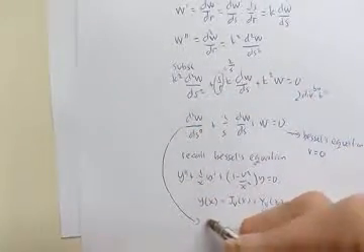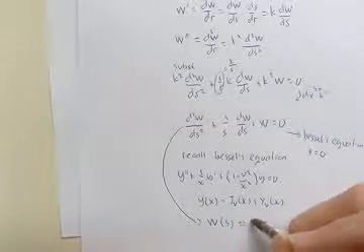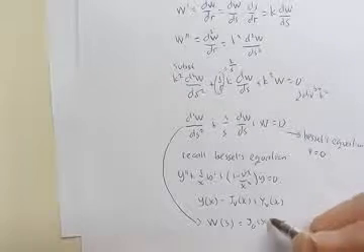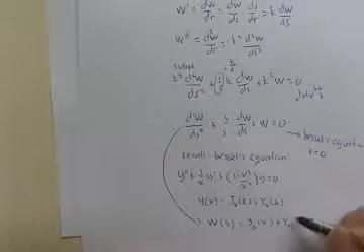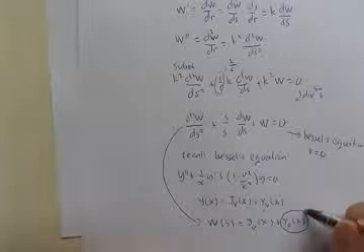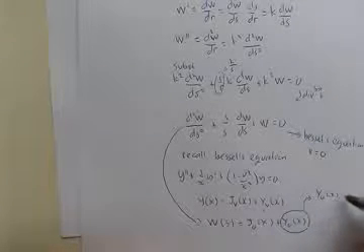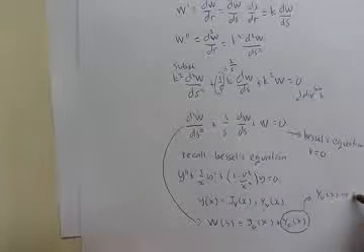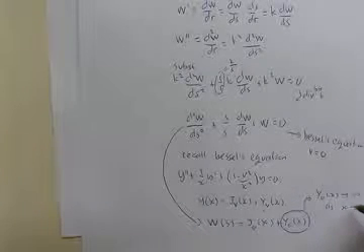So we have the solution w of s equal to J naught of s plus Y naught of s. But the second kind tends to infinity as x tends to 0.